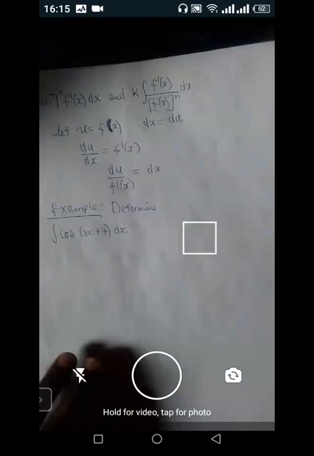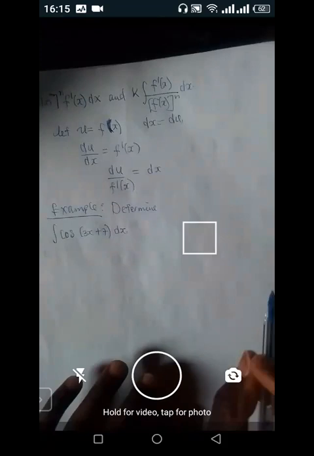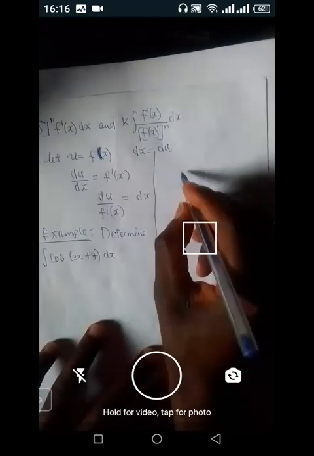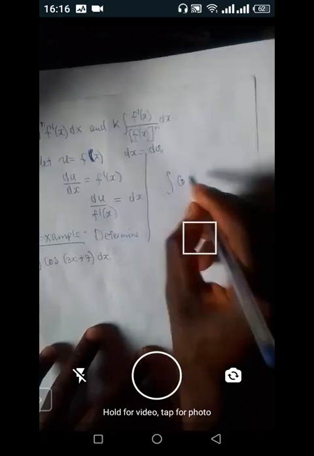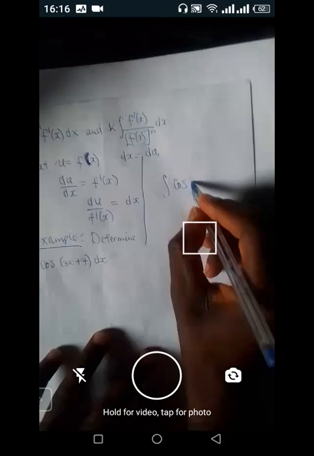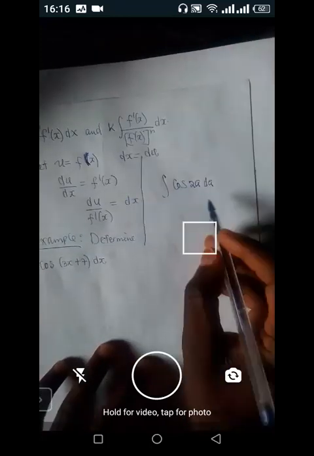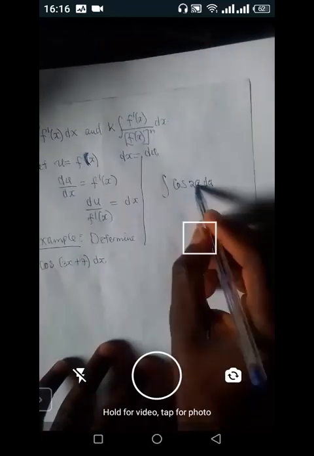Some concepts we are going to be learning as we are doing the questions. We can establish this one: the integral of cos 2A dA.